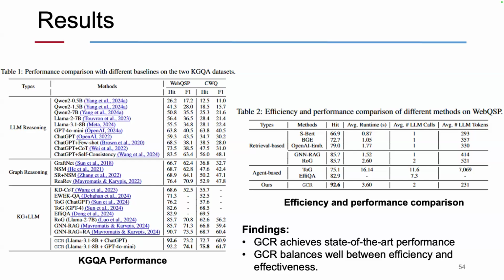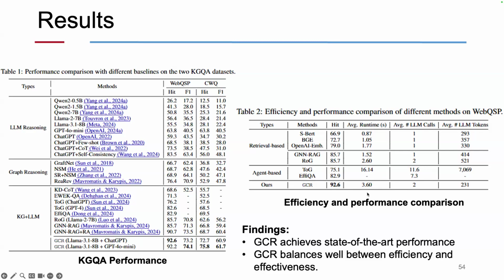But the limitation is that this kind of embedding-based method fails to consider the structure of the knowledge graph, so they lead to suboptimal performance. And there are also some agent-based methods, like I just discussed, that iteratively interact with the knowledge graph. Even though their performance is quite good, this requires lots of large language model calls, and also costs lots of LLM tokens.